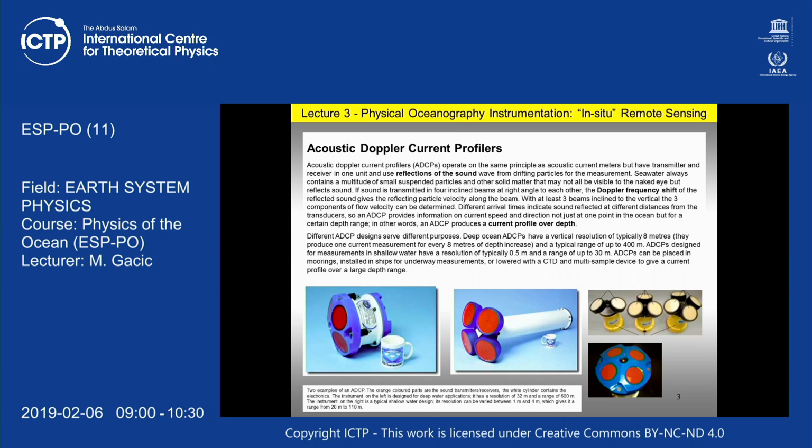This estimate has been obtained thanks to the use of the ADCPs. So we had like four ADCP moorings across the Otranto Strait, which gives us the possibility to calculate this.